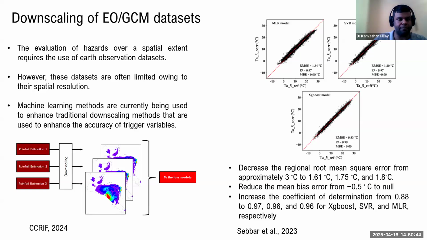Typically, it's better for temperature than it is for rainfall, but nonetheless, it is a necessary step if you're trying to make local scale conclusions. And we have seen machine learning being used more and more in industry, but also, of course, in research, to try and lessen some of the error.